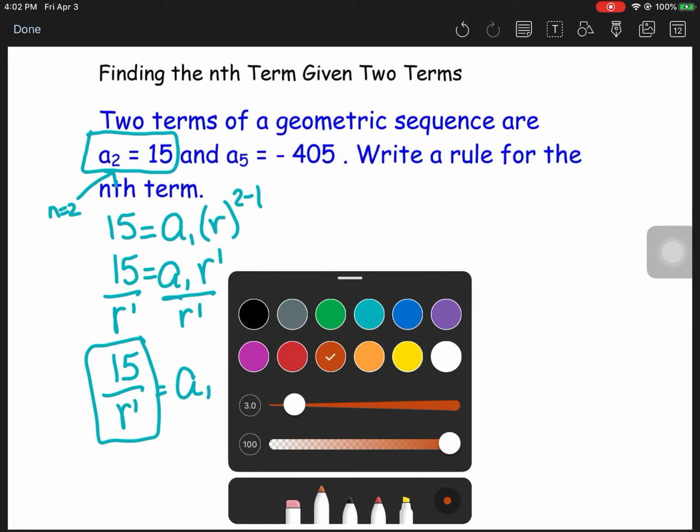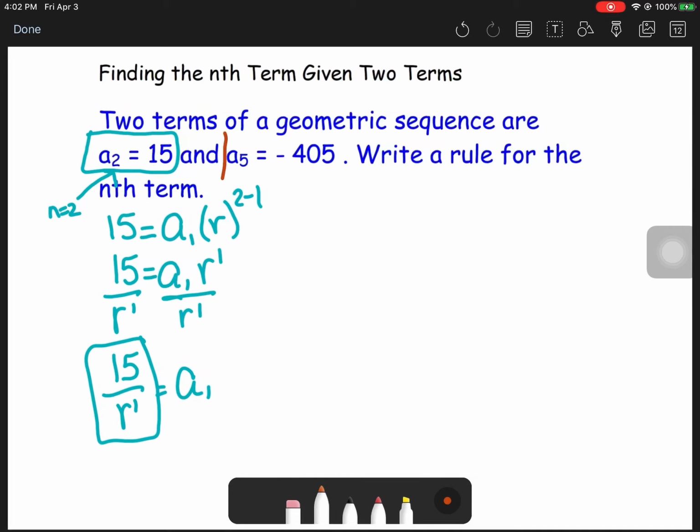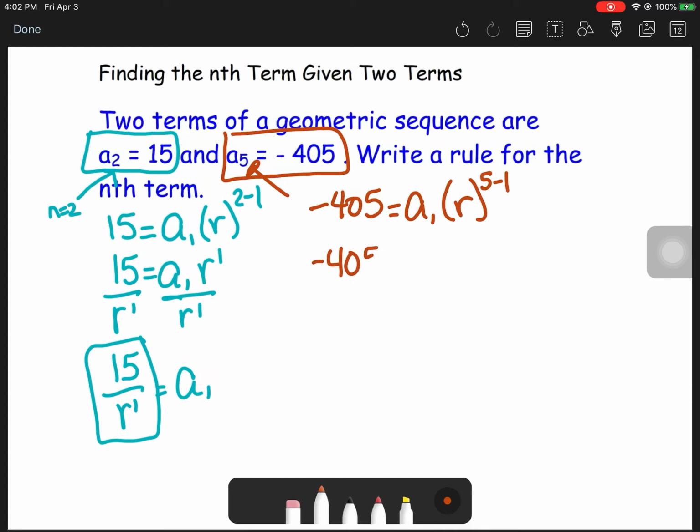Now we're going to do the second set of numbers. Our answer is negative 405. We don't know the a sub 1, we don't know the r, but we know that our n is 5. That's our exponent. So we're going to substitute this into our equation, 15 over r, and we're going to multiply that times r to the 4th power, and we'll put it over 1.